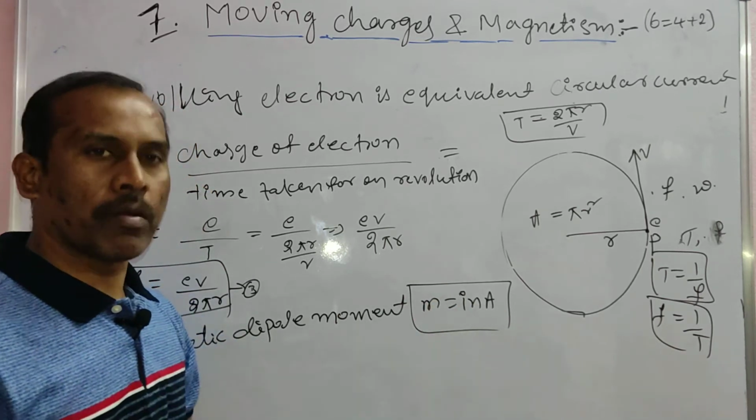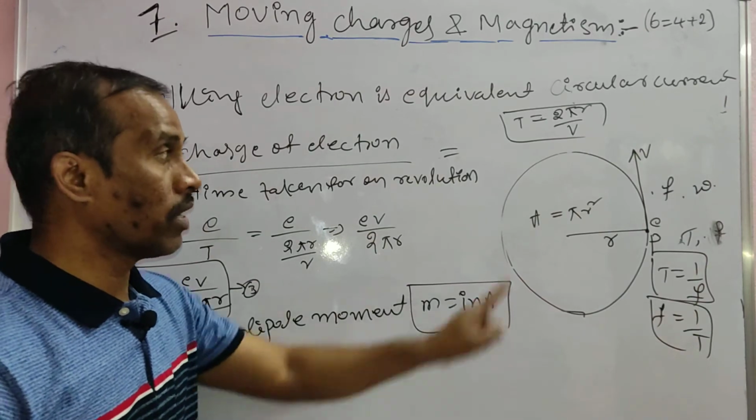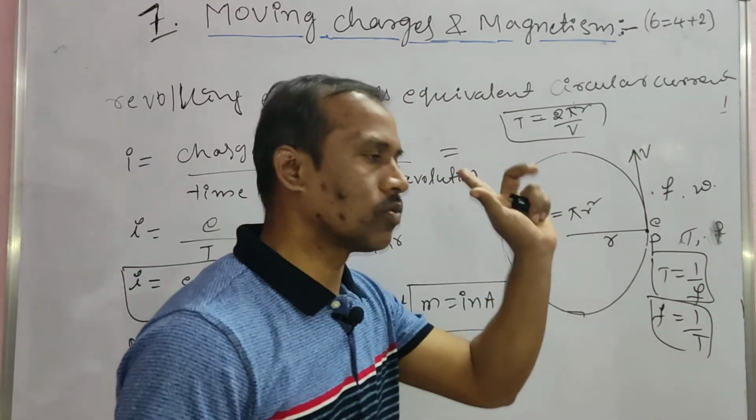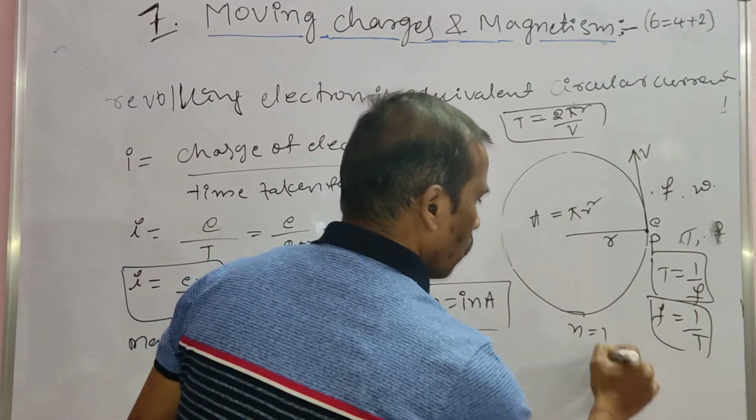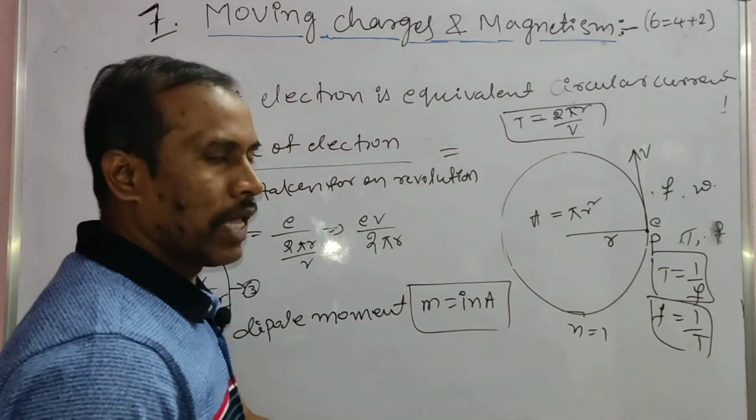Here n means the number of loops. But n is equal to 1 for only one loop. A means the area of this loop.